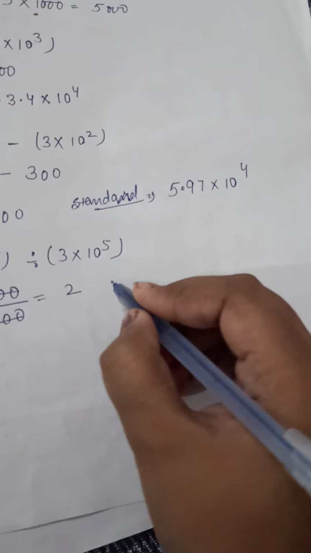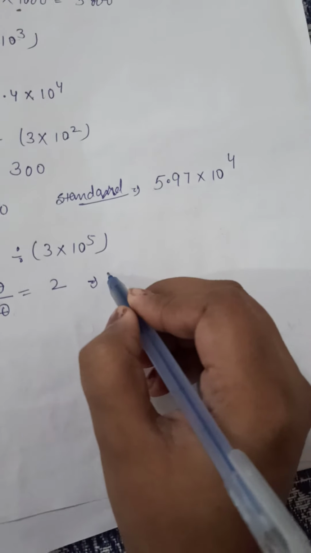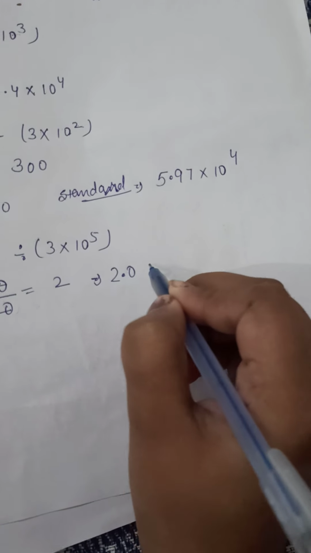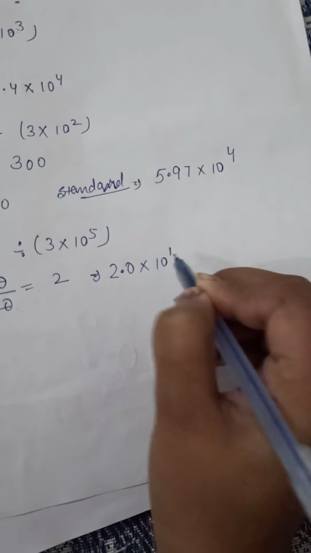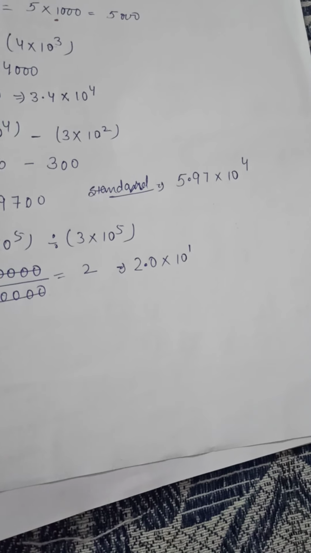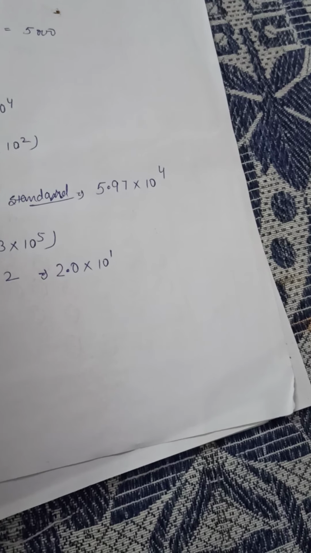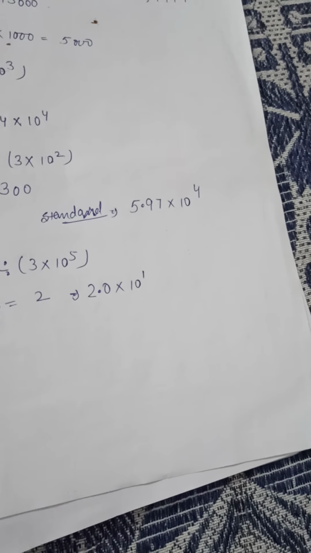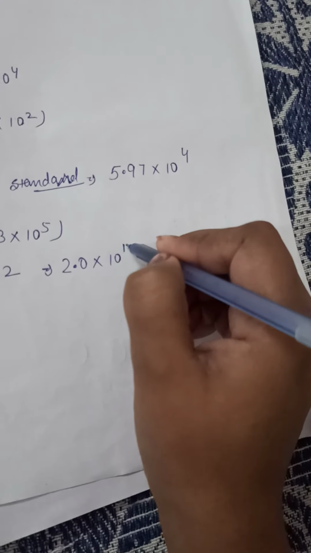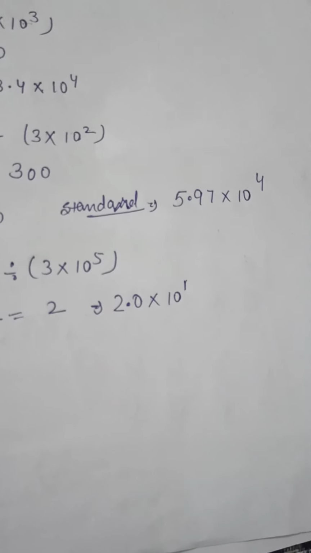Now we have to represent this number in the standard form. Can I write like this? Multiply with 10 to the power 1. Right? As it will cut it. 10 to the power 1 will come here.